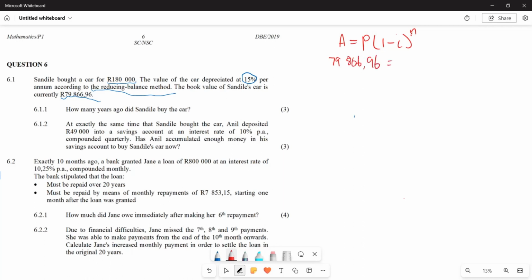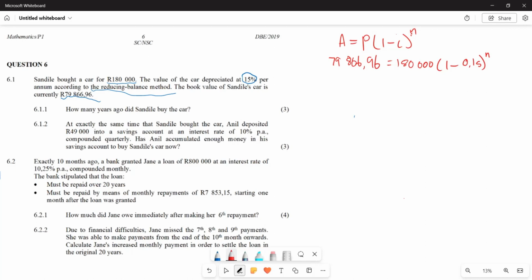It is going to be equal to, now this car used to cost 180,000, and this is going to subtract the interest that was earned there. It is going to be 0.15, isn't it so? And now after that, what is it that we are going to do? Now we are going to look for our value of N, right? That's the first thing that we are going to do.